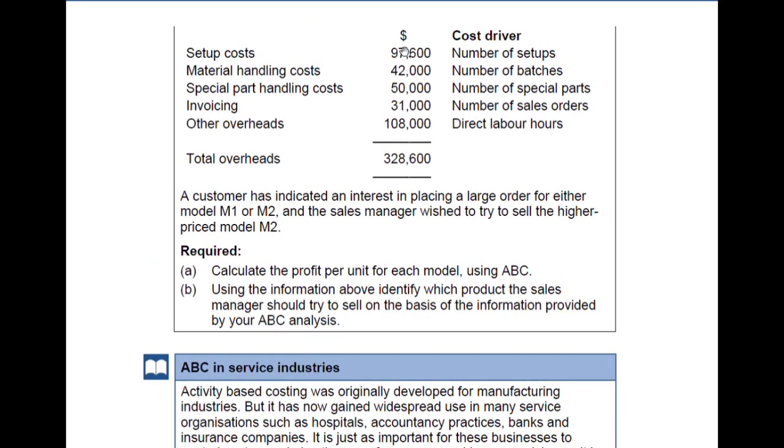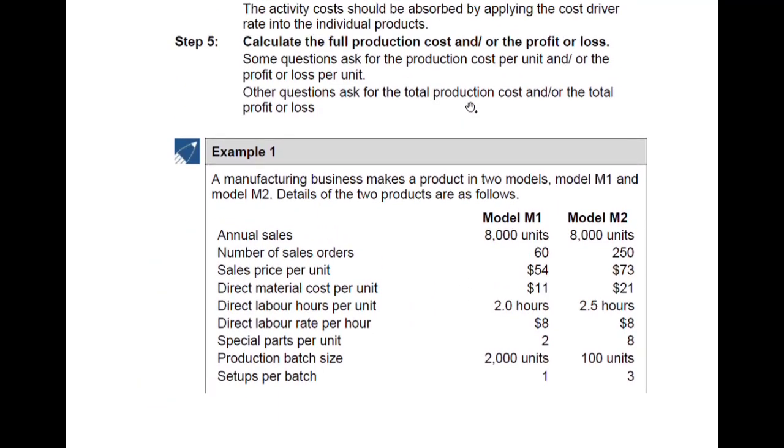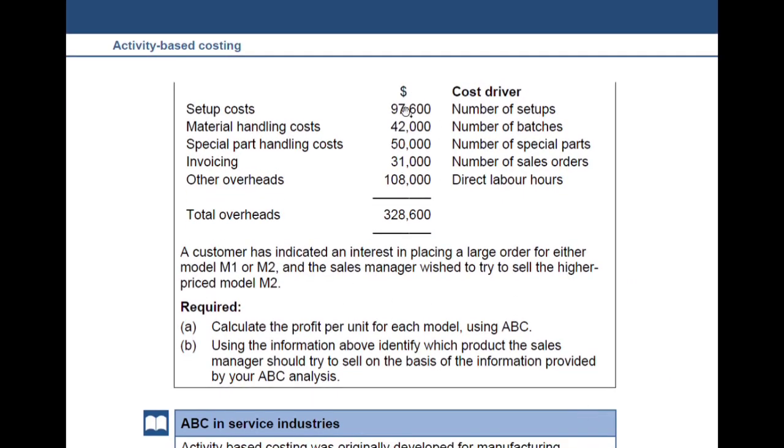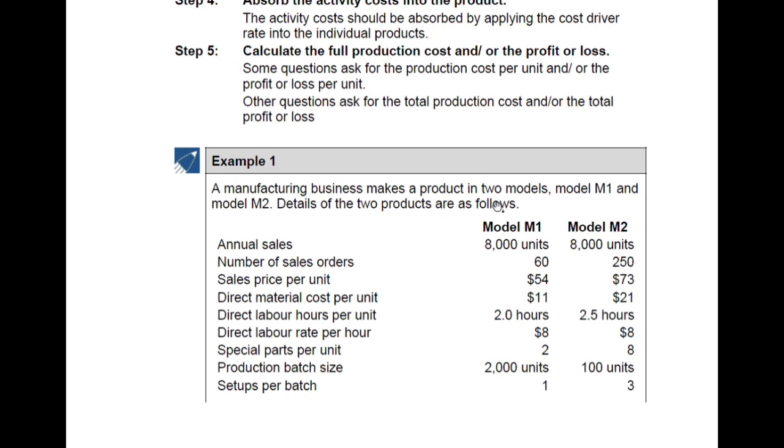Similarly, you will see how many setups are given. So here, setups per batch, you will have to calculate accordingly and then allocate this amount, this 97,600, according to those number of setups between M1 and M2.